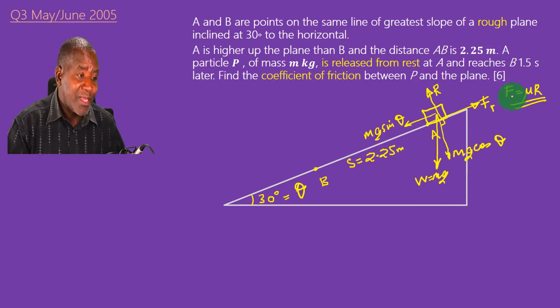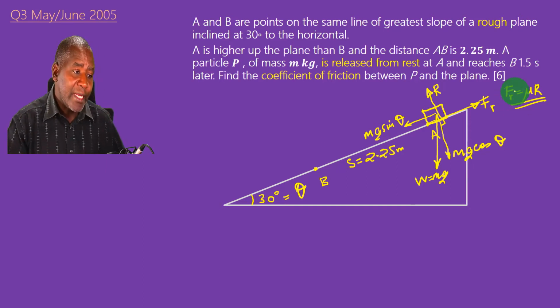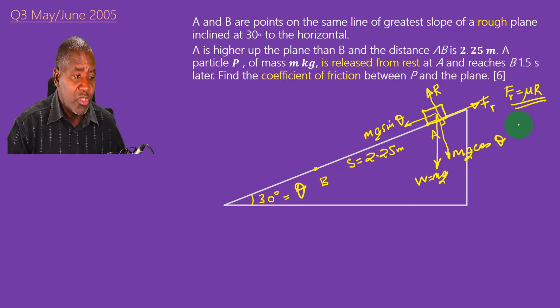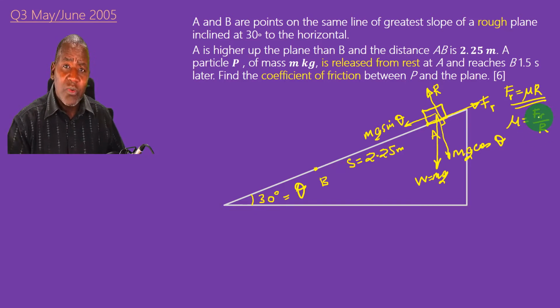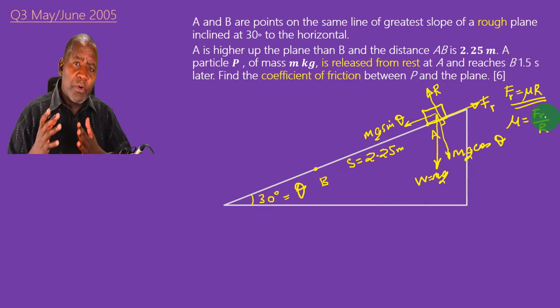So what is it that I need? I need the frictional force and I need R. This is one way of getting the mu. What makes me write this one down? You know how you get started in problem solving?